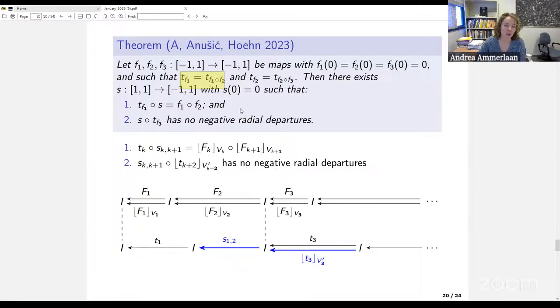And so we can find maps T1 and S12, which are equal to F1 truncated with respect to V1 ring F2 truncated with respect to V2. And then we can also get that S12 ring T3 truncated with respect to V3 primed is going to have no negative radial departures.